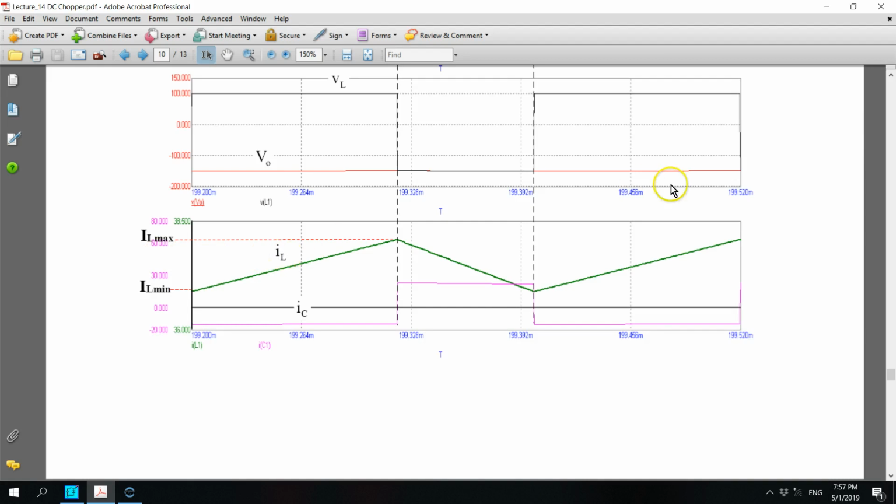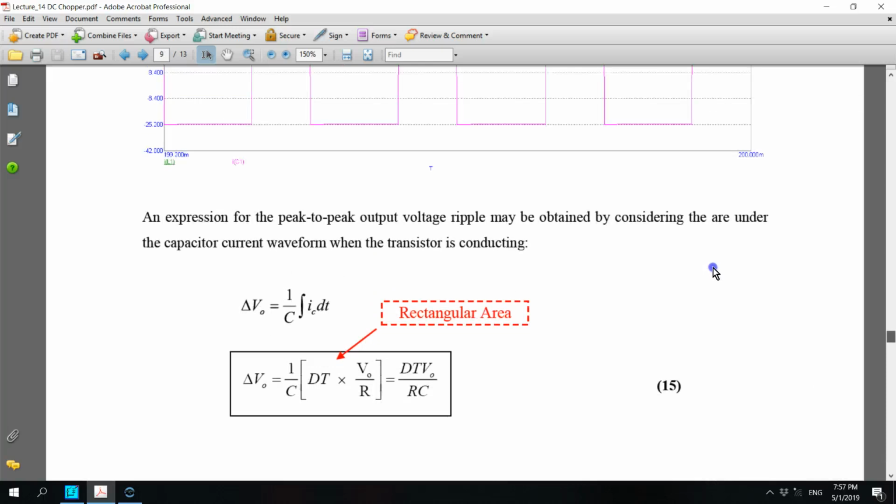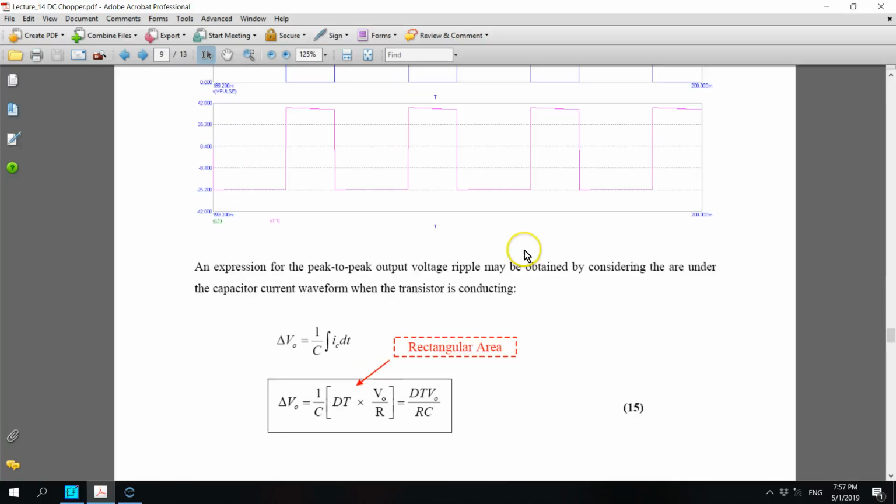And can we go back to the boost converter? So very much similar to this boost converter, whereby during the turn on, you can see that there is a rectangular area, determined by the dt as the base, and the height will be V0 over R, the current equation, which is V0 over R, and the base will be dt, which is the turn on time.